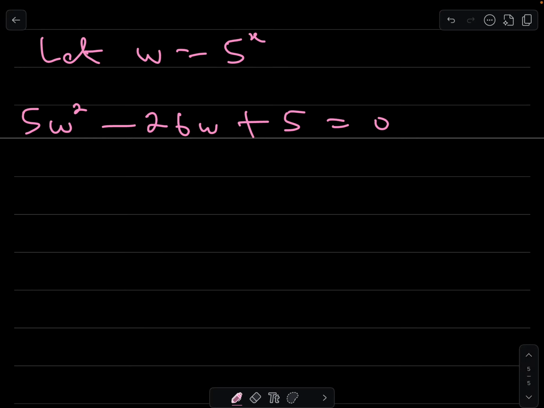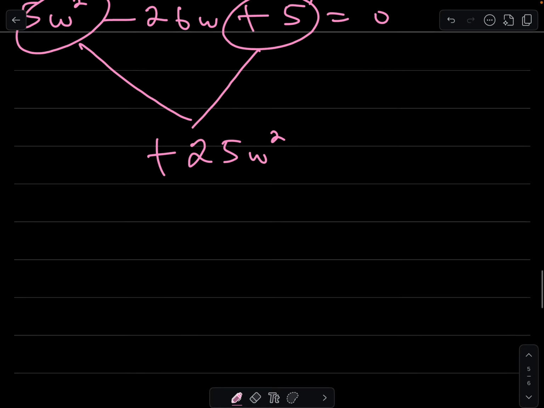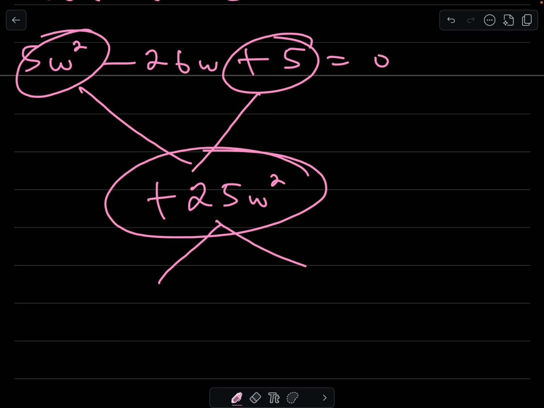And that simply means 5 times 5w squared, that's plus 25w squared. Now what do you multiply together to get plus 25w squared and add or subtract to get minus 26w?